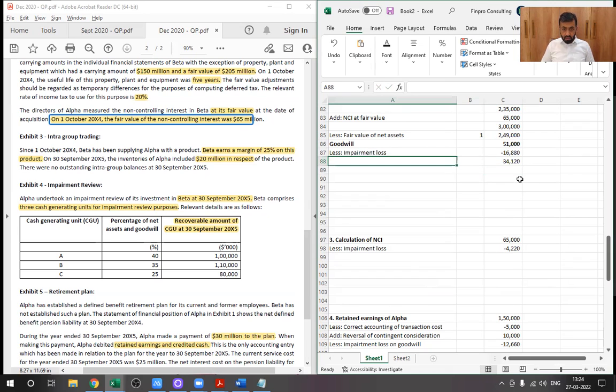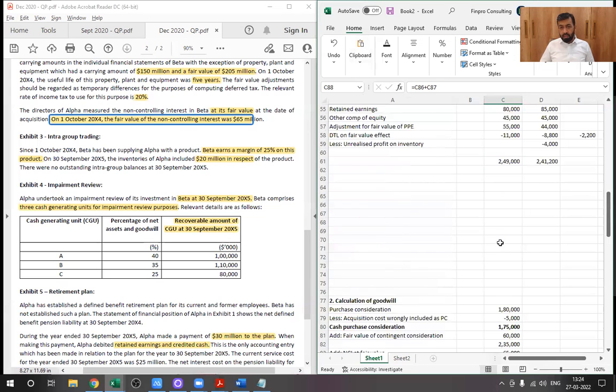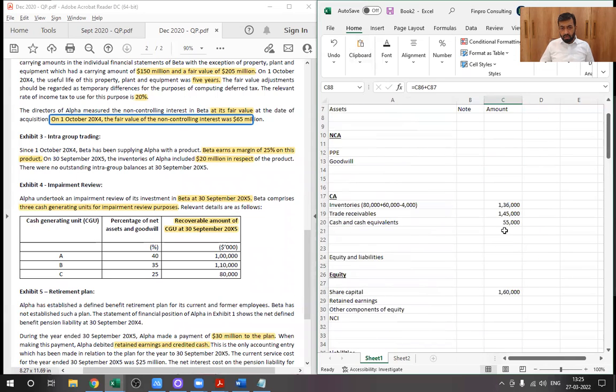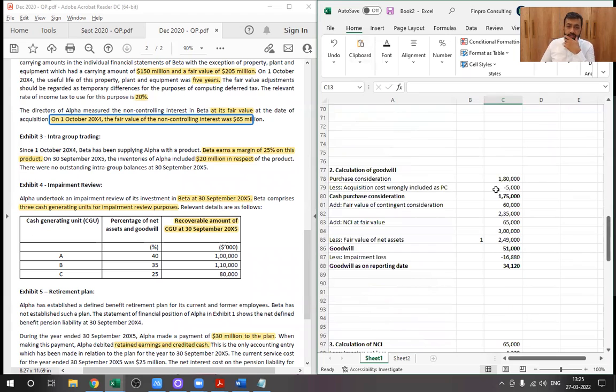This is goodwill as on reporting date. So this amount you will park here, goodwill. Otherwise, we'll pass it on at a later point of time.